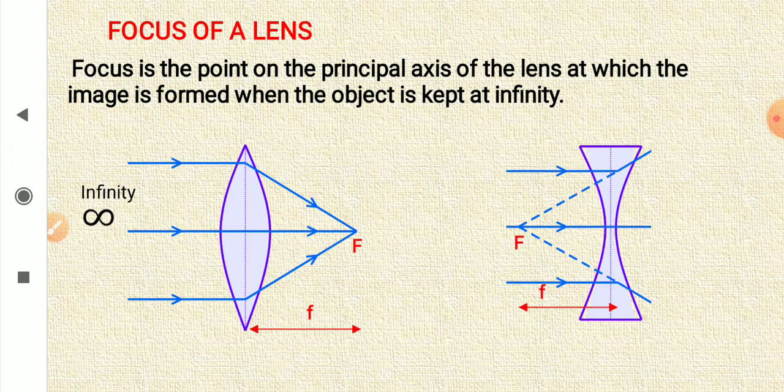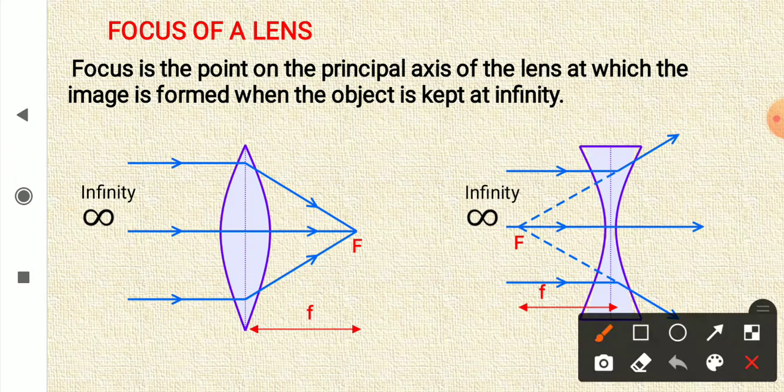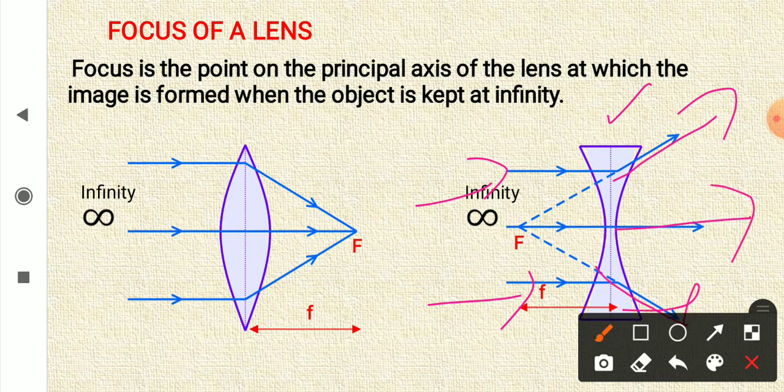And let us look at this concave lens. See here, rays are coming from infinity, so they are parallel, and concave lens is a diverging lens. So after refraction, the rays diverge away, they move away, so they cannot meet here.